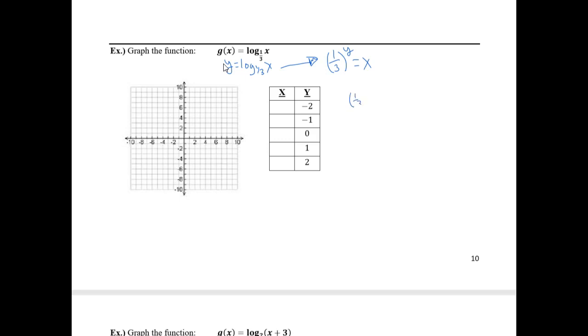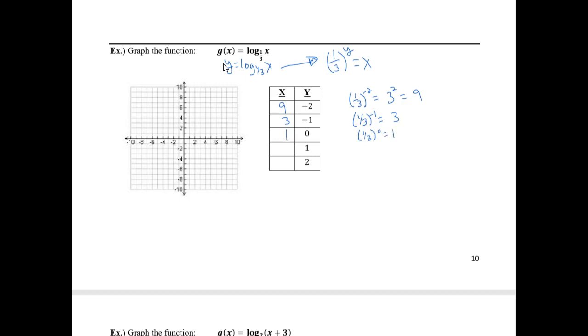So 1/3 to the negative 2 power takes the reciprocal, so it becomes 3 to the 2 power, and 3 squared is 9. And 1/3 to the negative first power takes the reciprocal, and that is just 3. 1/3 to the 0 power is just 1.